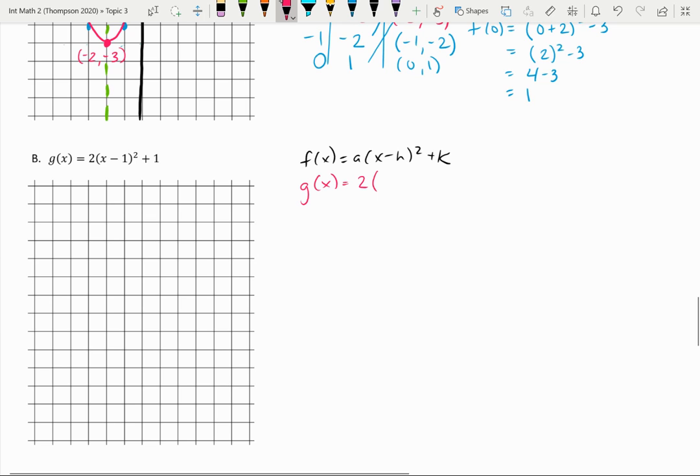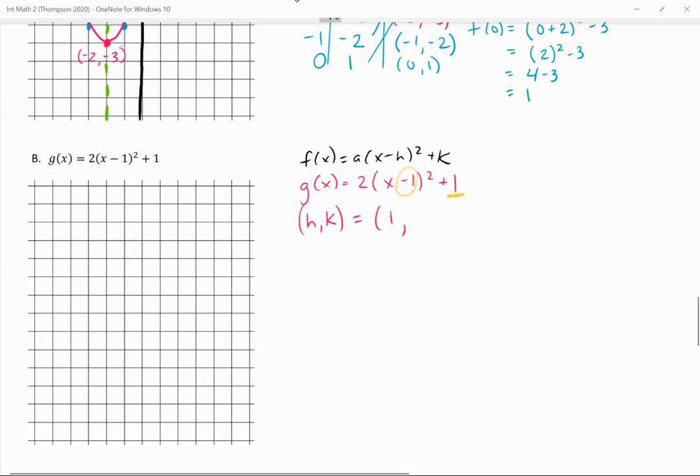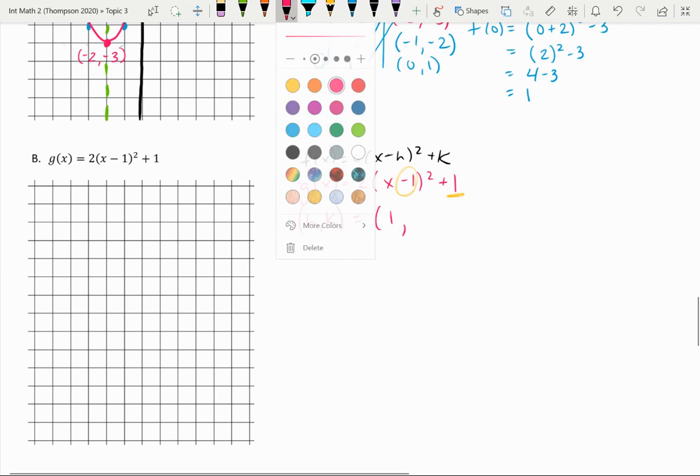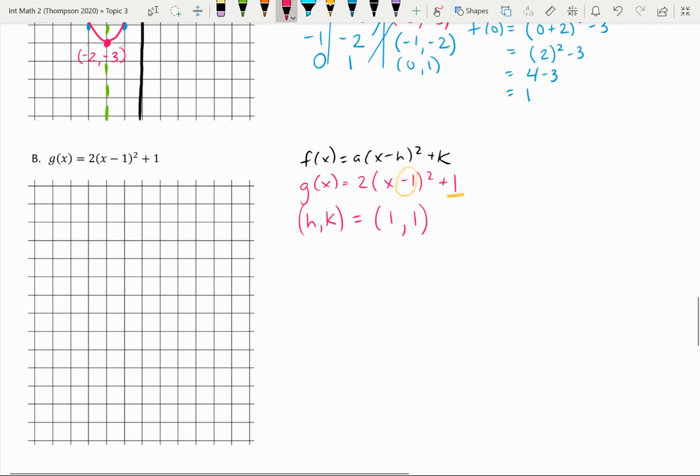And the first thing I need to do is find my vertex. So the vertex, x minus 1, x minus h, so h is 1. You just take the opposite, and then this one rings true. So then k is 1. So my vertex is 1, 1.